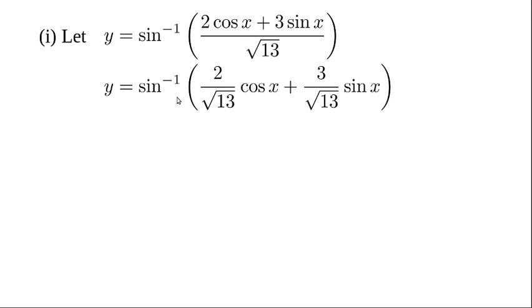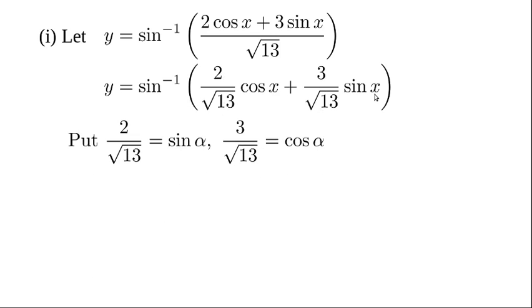So we get y equal to sin inverse of 2 by root 13 cos x plus 3 by root 13 sin x. And in such cases, we replace 2 by root 13 by sin alpha and 3 by root 13 by cos alpha. Also, a point to be taken care of is that it has to satisfy the basic identity sin square theta plus cos square theta equal to 1.